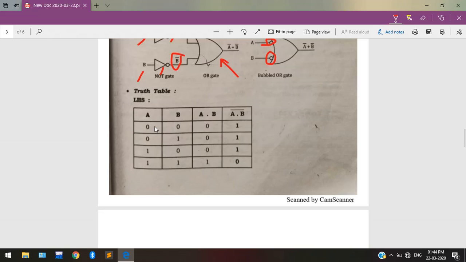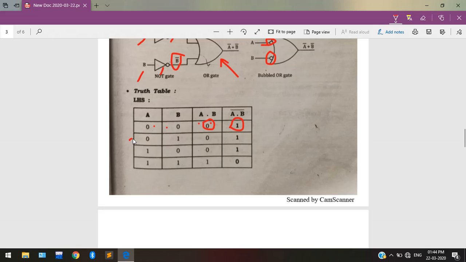So again you have to keep the input as 0, then 0 as the input. The product of those two is again 0, but here in the final column, A dot B whole bar means it is the complement of A dot B. So here if A dot B is 0, the output A dot B whole bar means it is 1.